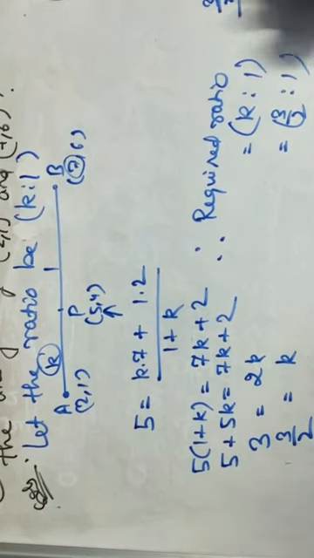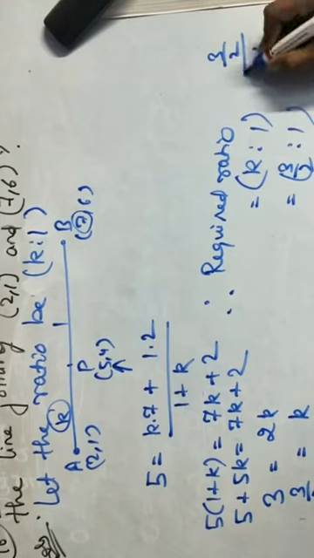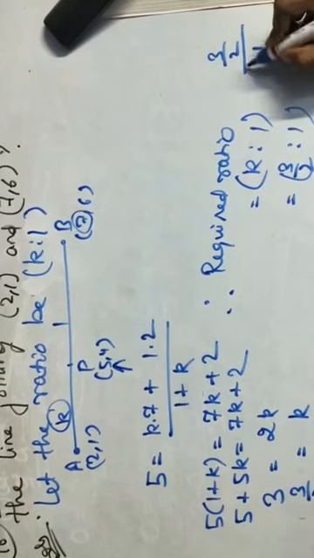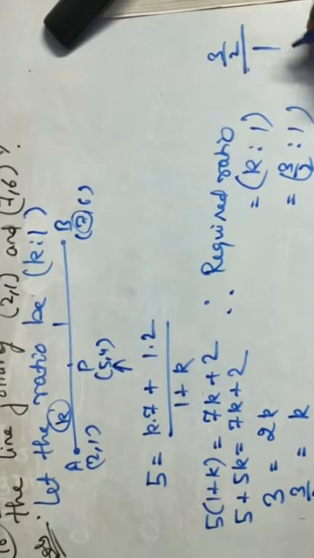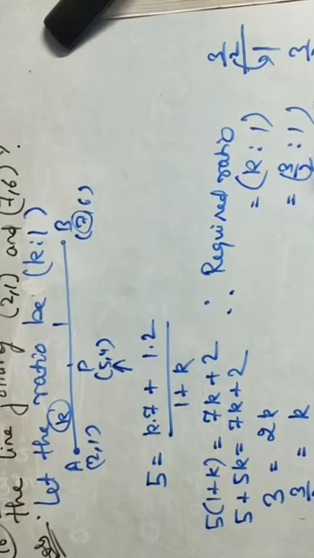If there is a fraction like this, 3 by 2 by 1, this is a line of division. So what you will do, this 2 will simply come here, so this will be 3 by 2. So this can be written as 3:2. This is your answer.